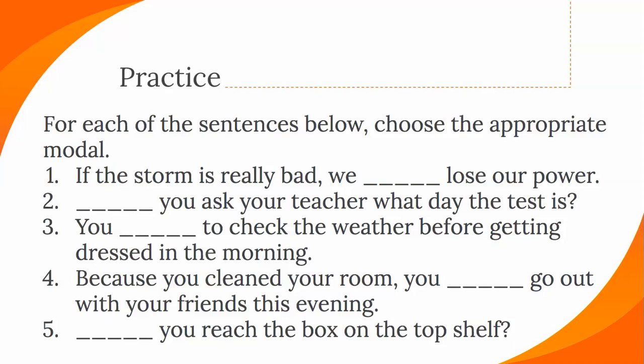Number 1, if the storm is really bad, we blank lose our power. So I'm looking for a modal that's going to tell us about lose. There are a couple possibilities here. If the storm is really bad is setting up a conditional.